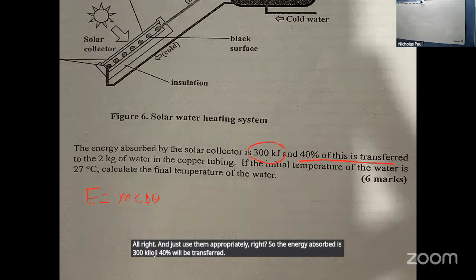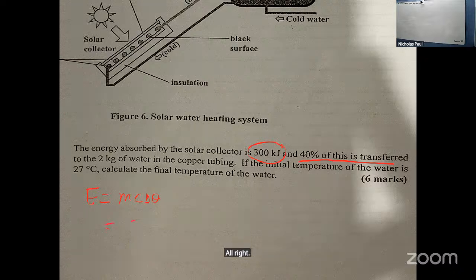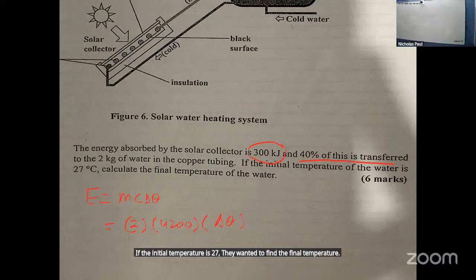The mass of water is 2. The specific heat capacity is 4200. The initial temperature is 27, and they wanted to find the final temperature. So really they wanted to get the temperature change first.